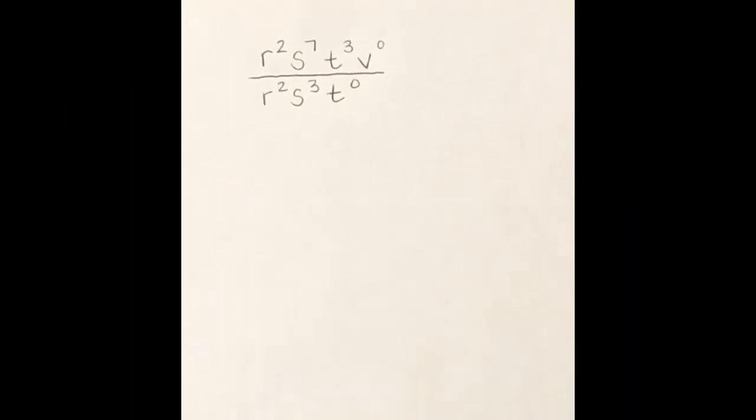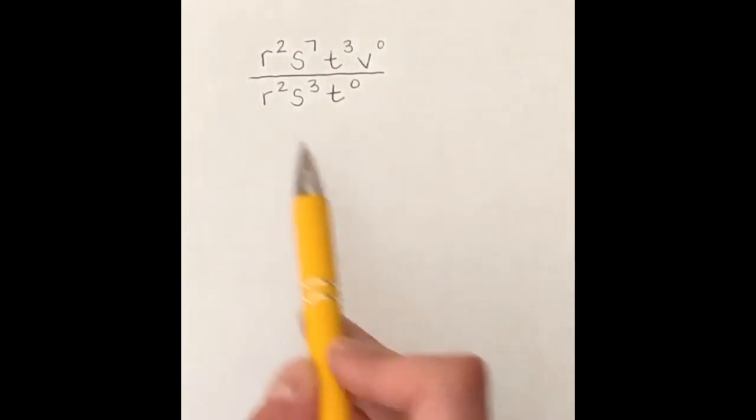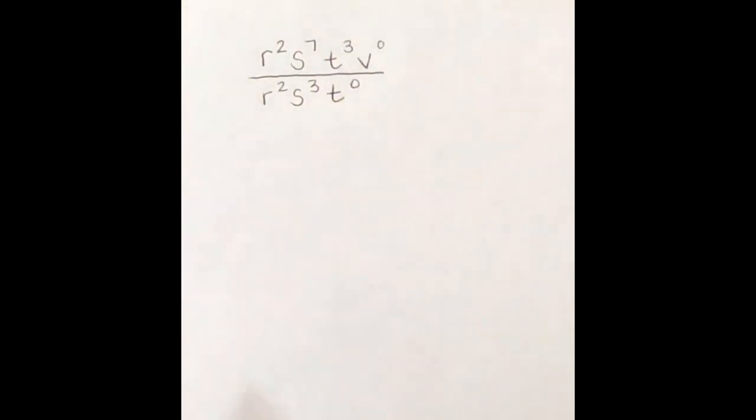Great work, Mrs. Sullivan. So what happens with a problem like this? Well, overall, I know my problem is division because anything written as a fraction is really division. There are multiple ways we can approach this problem, but I'm going to start by looking at my numerator, and I'm going to see if I can apply the product property anywhere in my numerator.